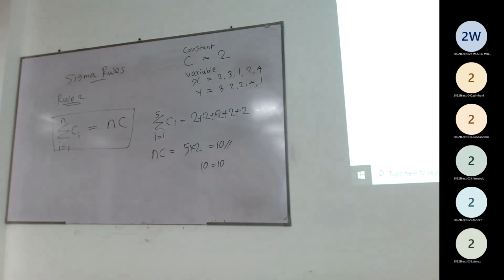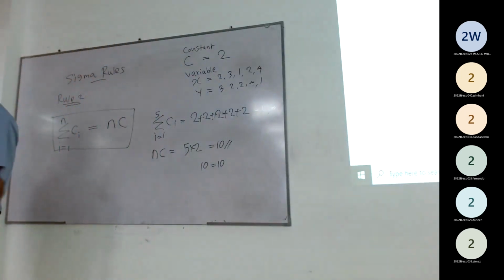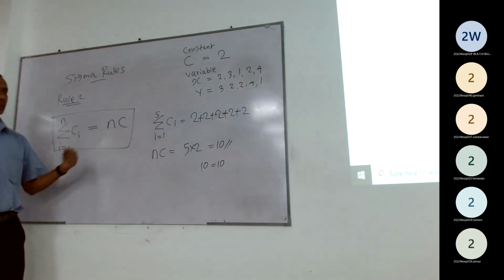That's why in the formula, instead of sigma C, we use nC. In regression model development, we consider this formula. These rules we want to consider. When you apply sigma to the model, you apply nC.